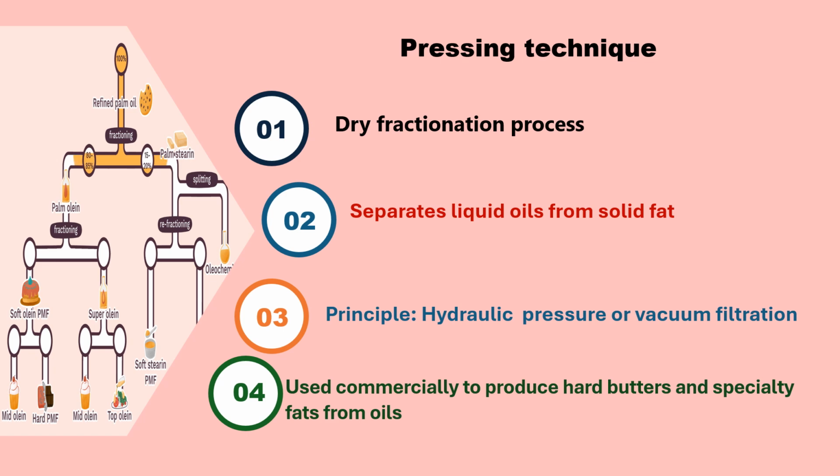Next is the pressing technique. This is also a dry fractionation process which separates liquid oils from solid fat. The principle used is hydraulic pressure or vacuum filtration. This is used commercially to produce hard butters and specialty fats from oils.